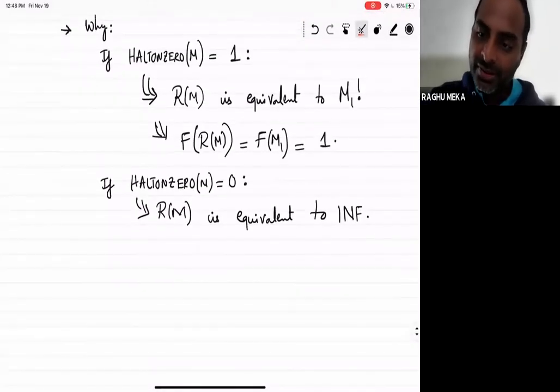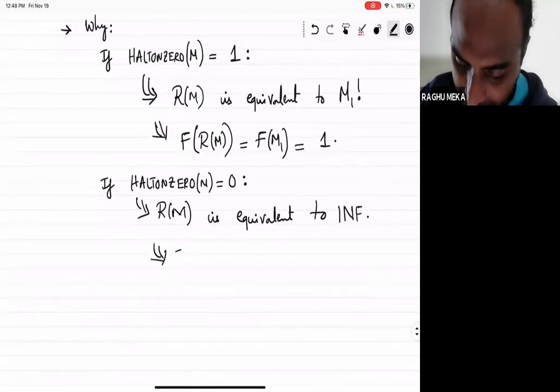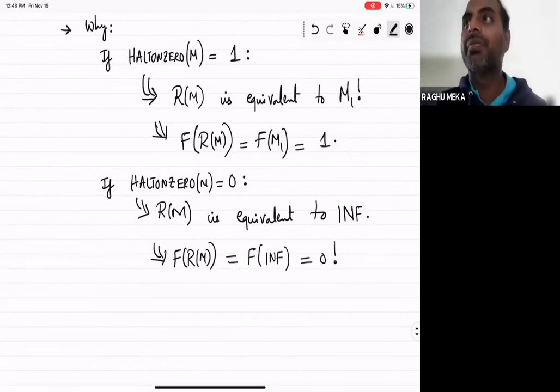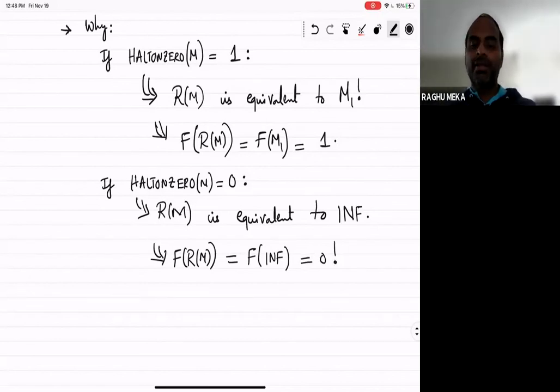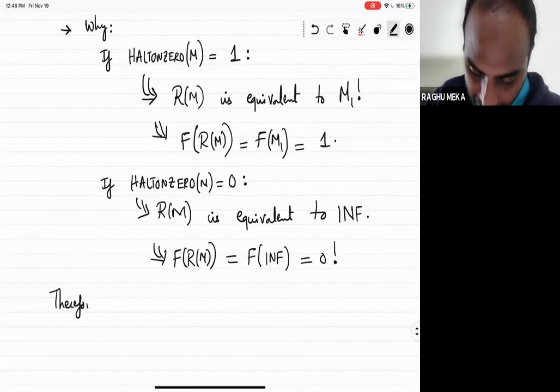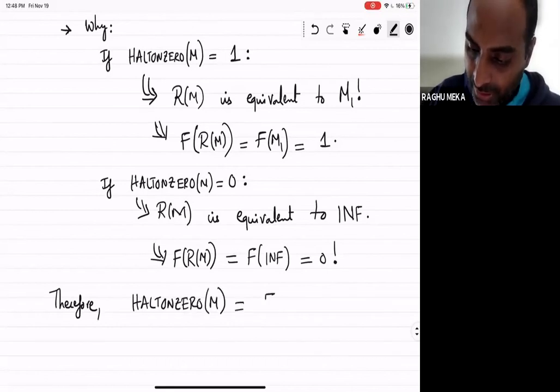Okay. So therefore, we have the desired equality, right?